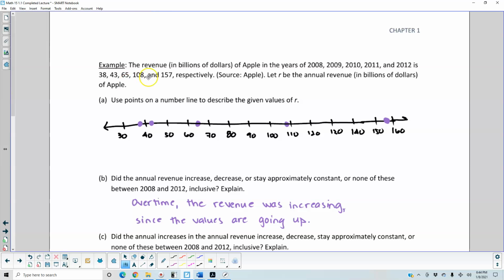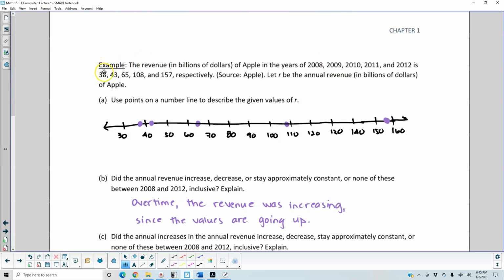Another example, it says the revenue in billions of dollars of Apple in the years of 2008, 2009, 2010, 2011, and 2012 is 38, 43, 65, 108, and 157 respectively. So in 2008, the revenue was 38 billion.